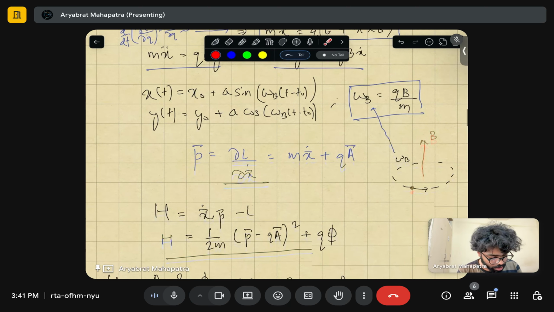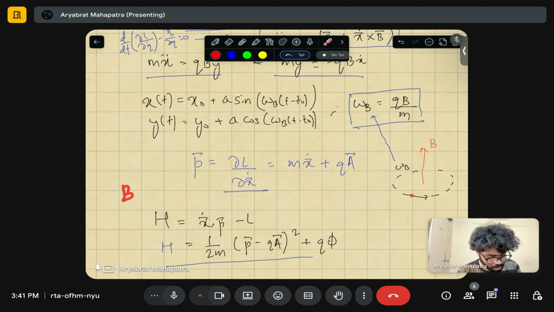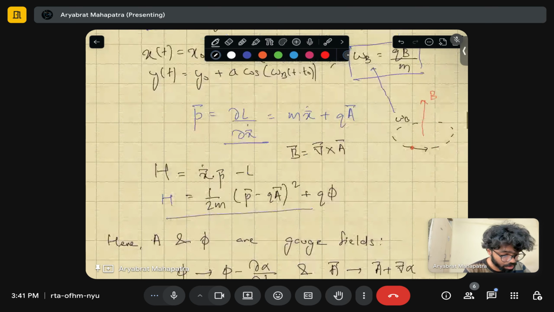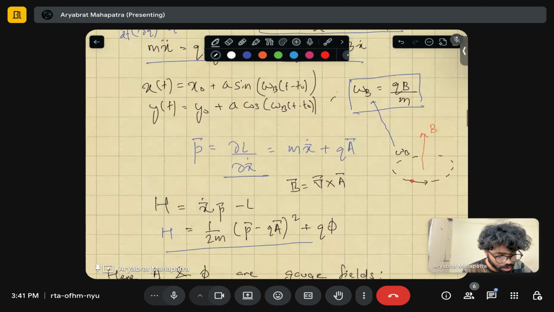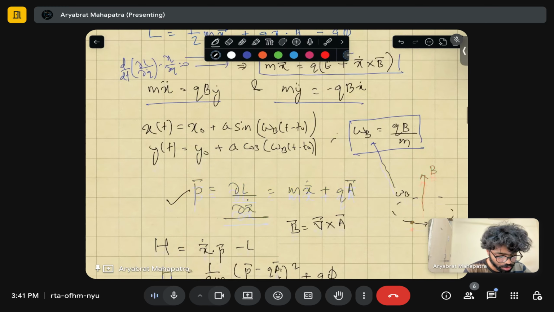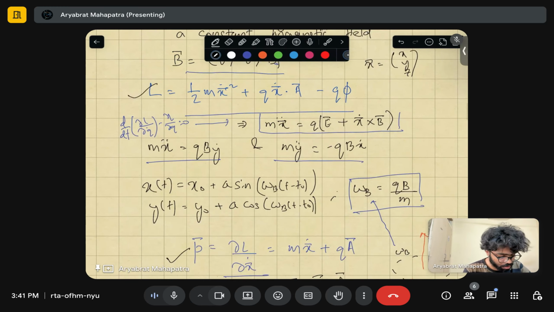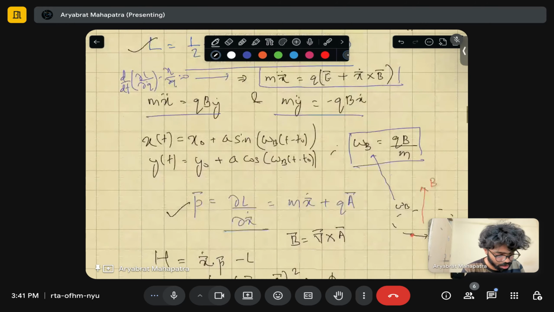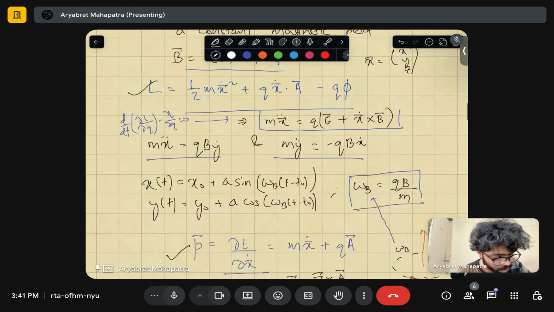I think you are aware that the magnetic field is related to your vector potential as its curl. So now you have got the generalized momentum, and also the Lagrangian. Using them, you can write the Hamiltonian. So let me call this.